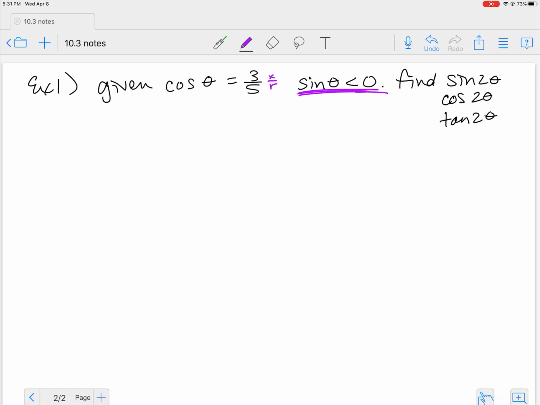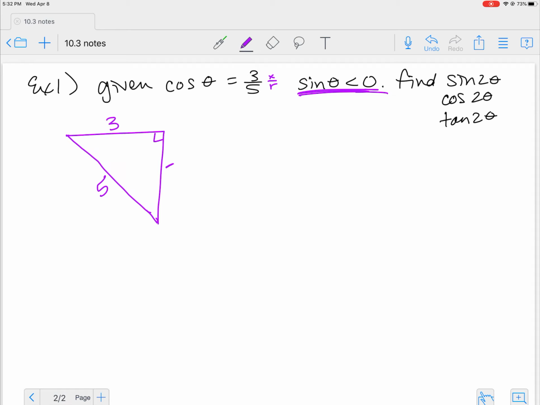The fact that this is negative, your sine is negative. When you do this right triangle, because you still know that this is x over r, right? So you know that this is a triangle. When I have my triangle, my x value is positive.